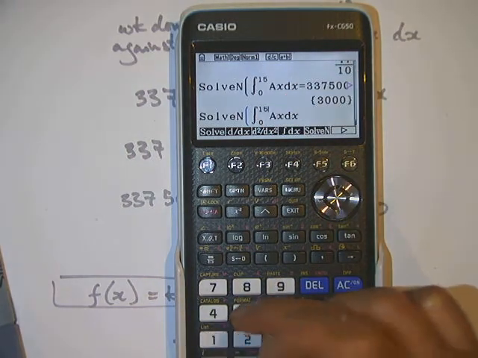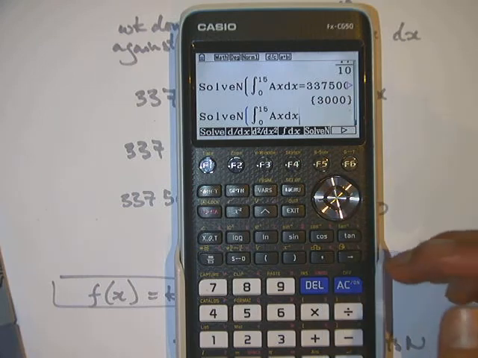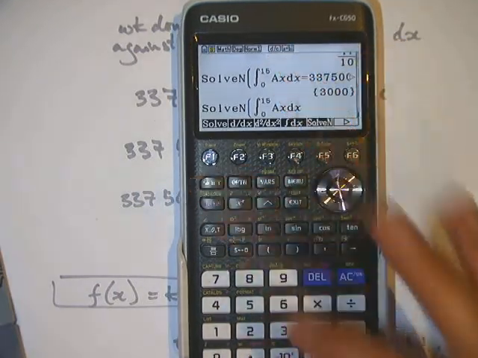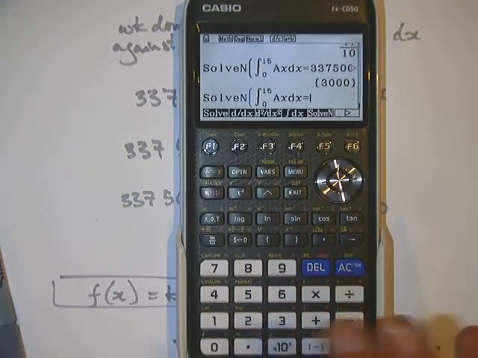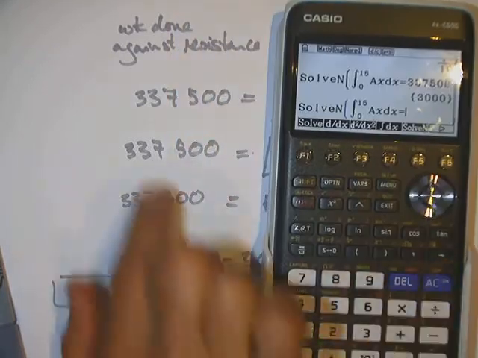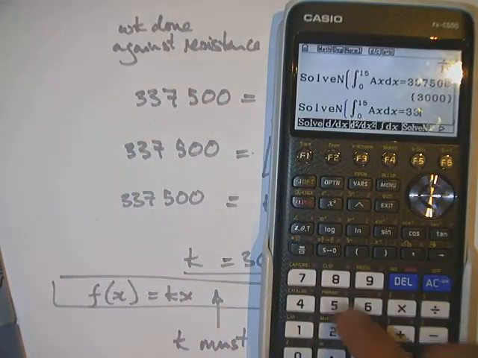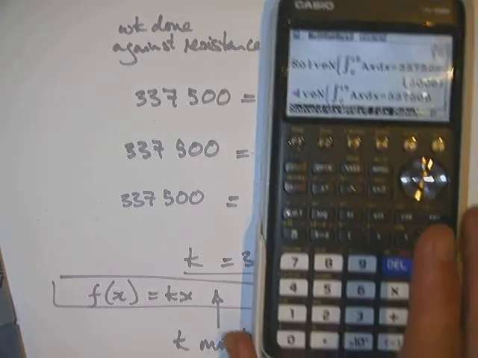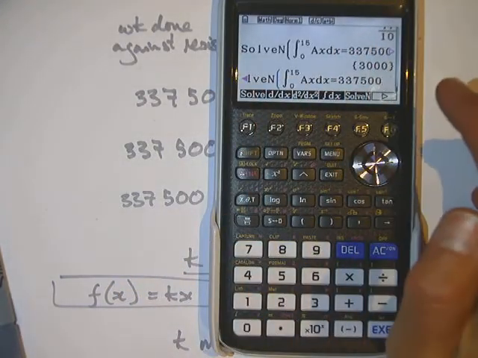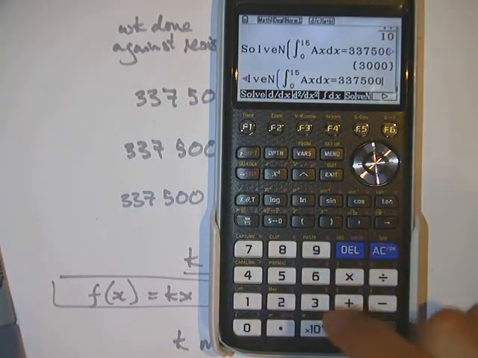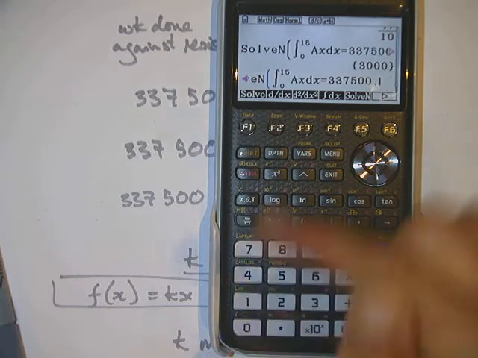So 15, keep coming that way. The equal sign is shift and decimal point, and we know that that equals 337,500.